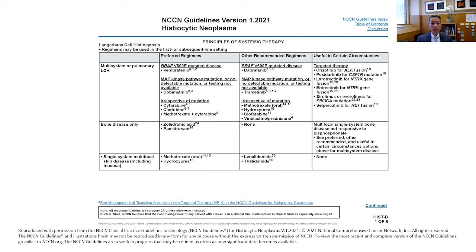As discussed earlier, we can use bisphosphonates for bone-only disease. And for skin-only involvement, there are some reports in the literature of using oral methotrexate, hydroxyurea, and some of these IMiDs, and therefore we may not need the high-powered chemotherapeutic agents. Next slide, please.